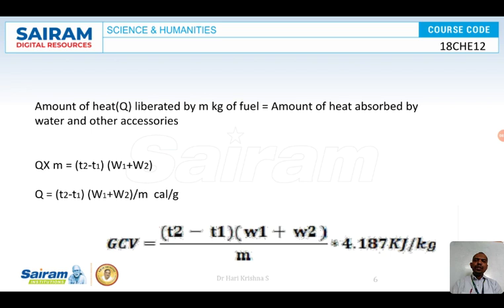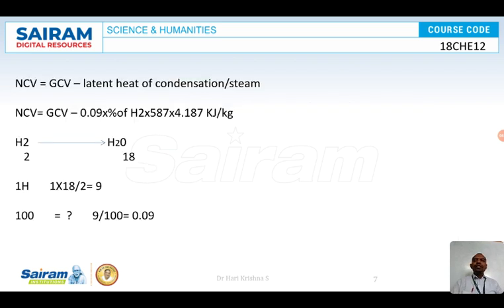Next, let us see how to calculate our net calorific value, or NCV. This net calorific value is given by GCV minus the latent heat of condensation of steam. So what is the latent heat of steam? When 1 gram of water vapor is cooled to liquid water, some amount of heat is liberated.